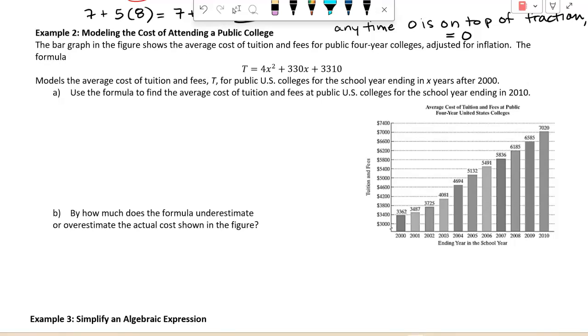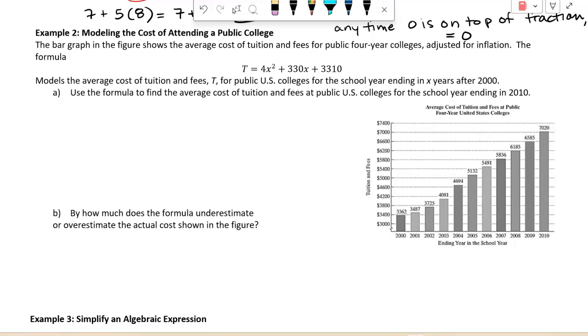So the capital T stands for what the average cost of tuition would be after however many years x. X is going to be the number of years after the year 2000. So for example, if I wanted to know the average cost of tuition in 2004, I would plug in 4 for x.